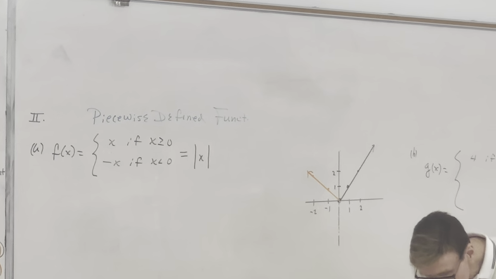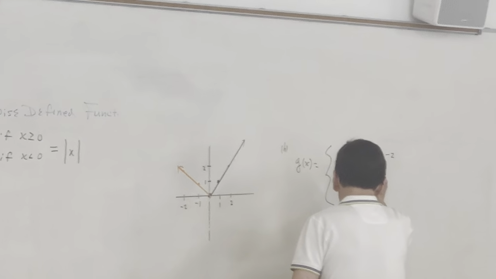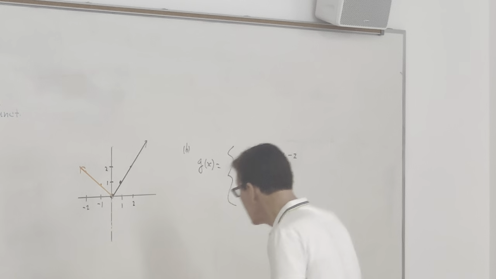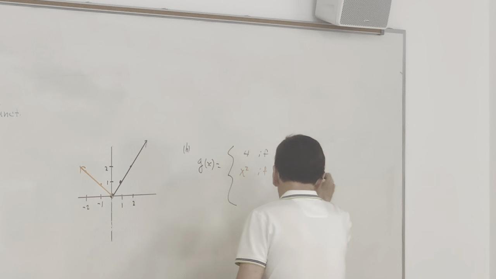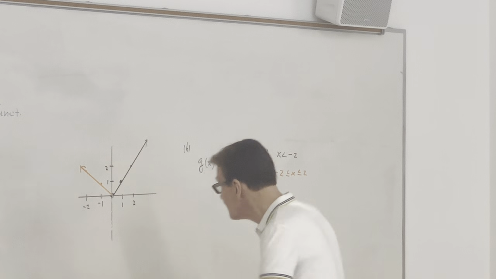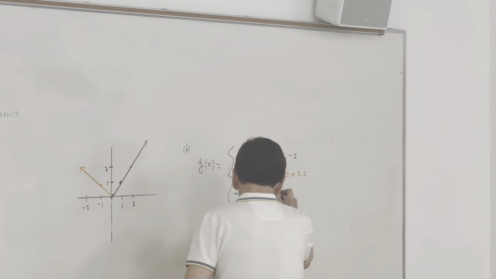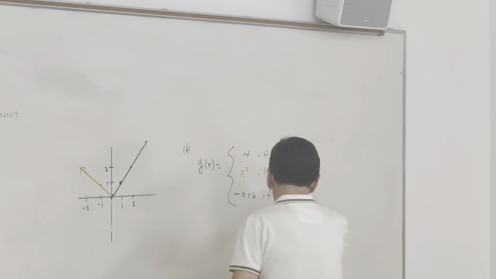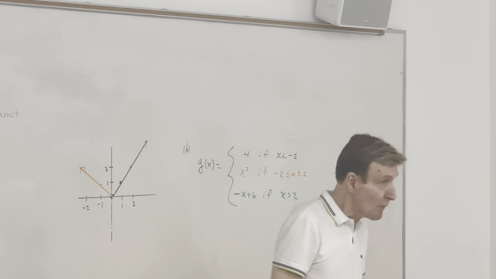Second piece is x squared if, and it looks like this one is written as, this. And the third piece is this. If I have it all copied down correctly here. Do I have all of them copied down correctly?